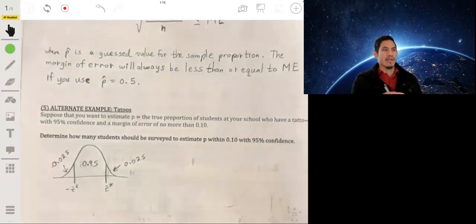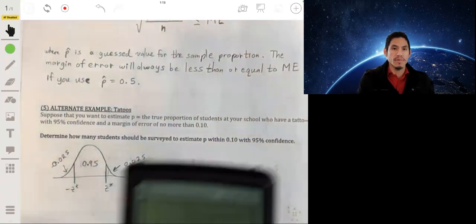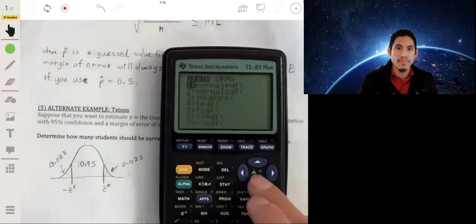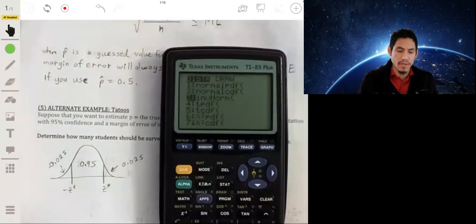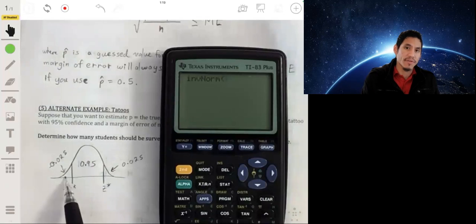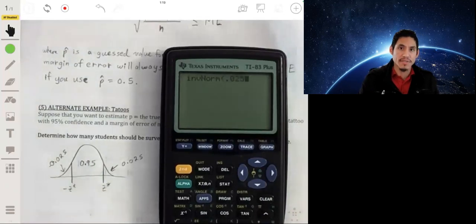Now this can be easily done with a calculator, so I'll show you how to do that. We're going to go to our distribution function, and we're going to use the inverse norm function, and the first number we're going to enter is going to be the area to the left, 0.025 in this case.